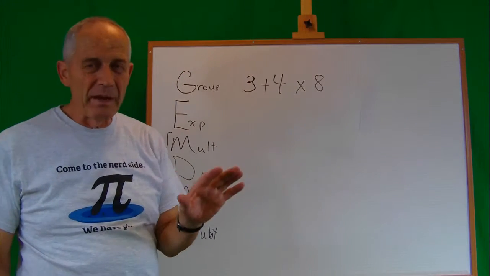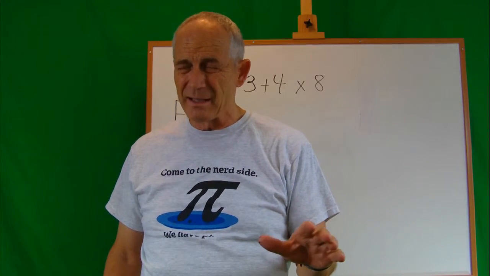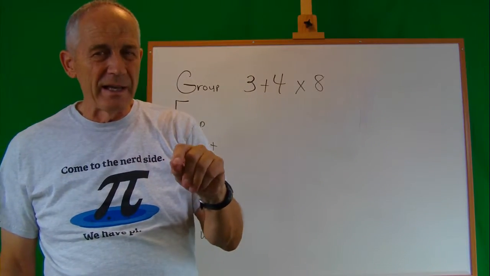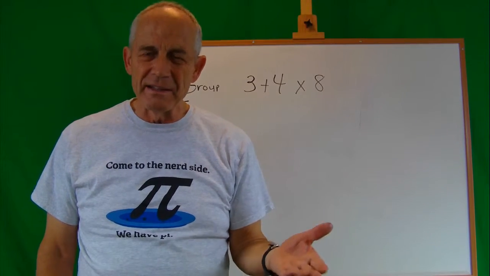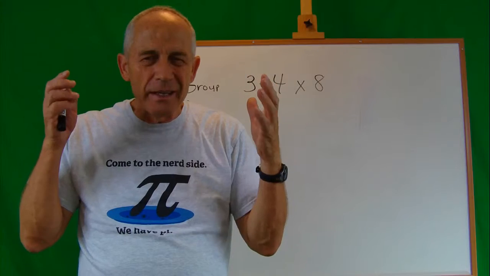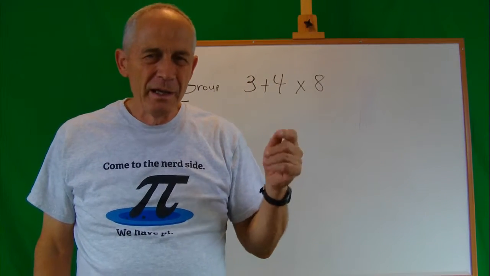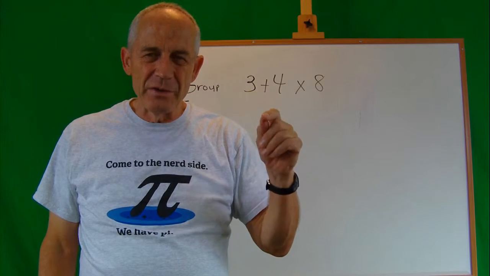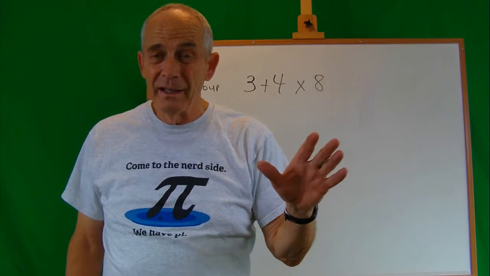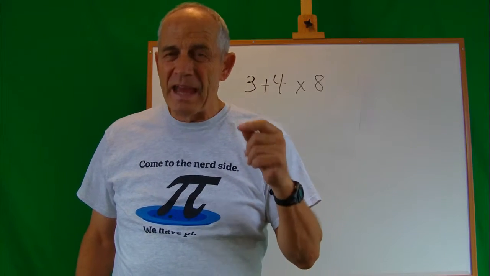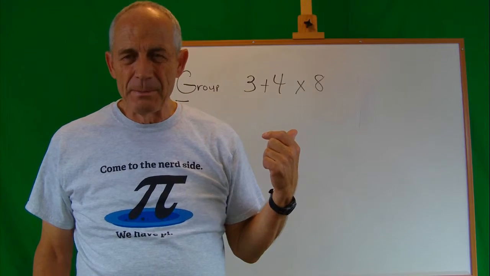Now some of you may have heard of it as PEMDAS before, P-E-M-D-A-S, and what they do is they come up with a word for each one of those letters and make a sentence that's kind of unique and something that you'll remember. You may have heard, "Please excuse my dear Aunt Sally." You've heard that before? Okay, a lot of people have. That's the sentence you remember to remember the order of the letters.